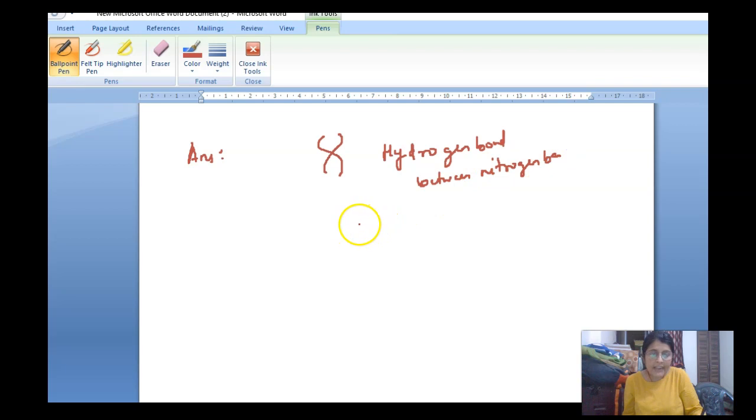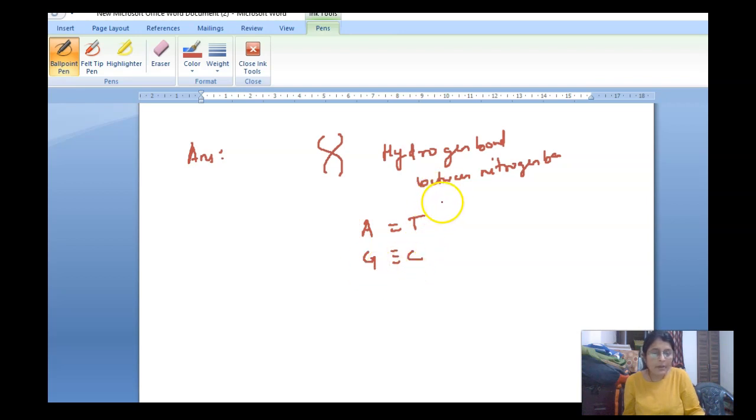As we know, adenine always pairs with thymine and guanine always pairs with cytosine. Guanine pairs with cytosine with 3 hydrogen bonds, and adenine pairs with thymine with 2 hydrogen bonds. So this is about the complementary strands of DNA.